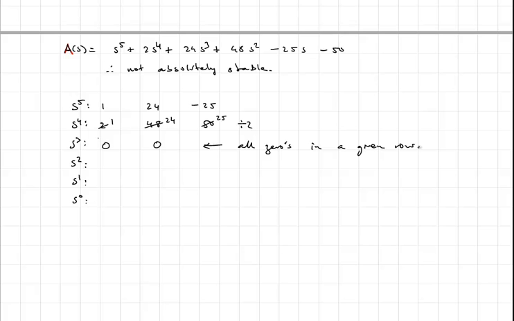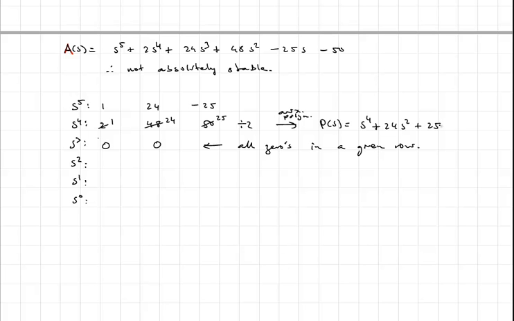What do you do when you have all zeros in a given row? Well, you take what's called the auxiliary polynomial. This right here is the auxiliary polynomial. So call it P of s, and it's equal to s^4 plus 24s^2 minus 25.